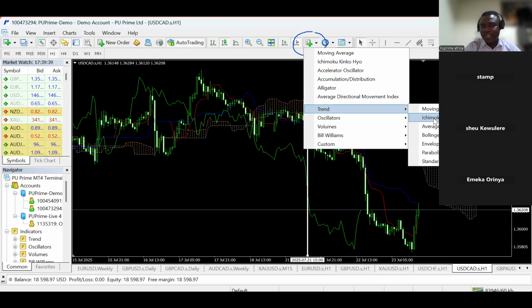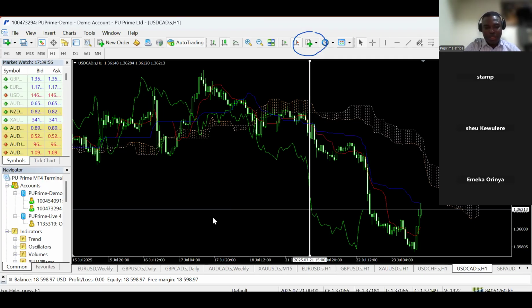Just click on it and that's it. You have it on your screen. It's not an external indicator, it's already there on your trading platform. Even on your mobile phone it is there. You can install it on your phone also. It's not something you are getting from a third party. It's already on your MetaTrader platform. So I hope that answered Mr. Steve.